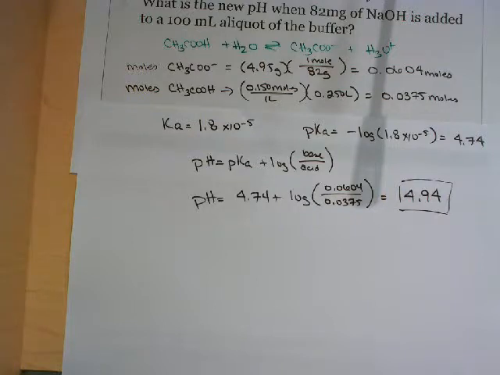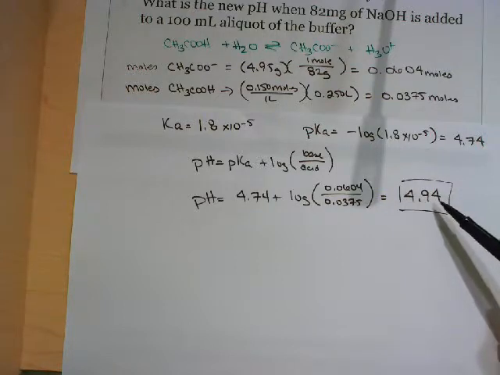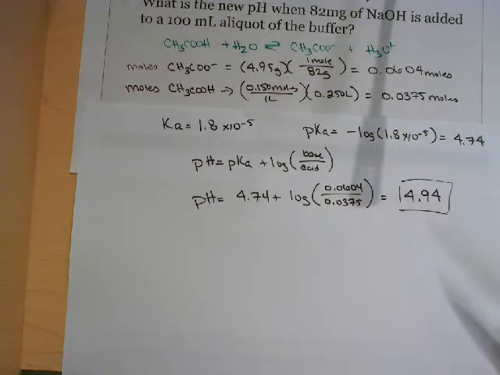We have a base. Is this pH more acidic or less acidic than the pKa? Less acidic, more basic. Does that make sense with our mole ratio? It does. Good. Excellent. So that's part A.